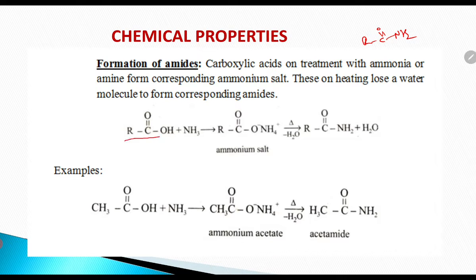First, when the carboxylic acid is treated with ammonia, the ammonium salt is formed, which on heating loses a water molecule and gives rise to the amide. Taking the example of acetic acid, acetamide is obtained: first ammonium acetate is obtained, which on heating loses an H2O molecule and gives rise to acetamide.